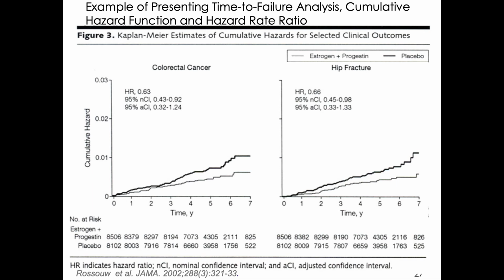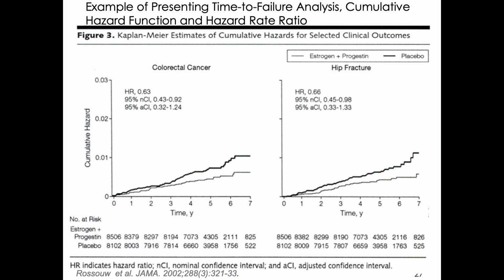And so the lighter line in the graph is the treated group, and the solid line is the placebo group. So the study main hypothesis was that estrogen plus progestin was going to be protective for some cardiovascular disease outcomes. That proved to be untrue.